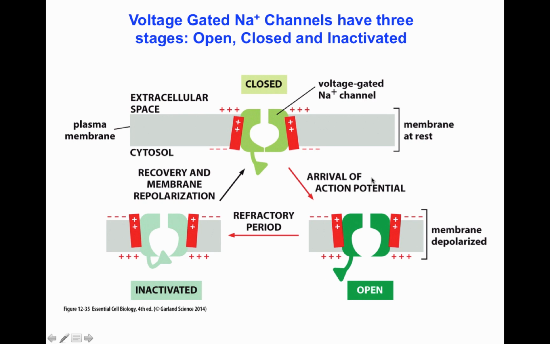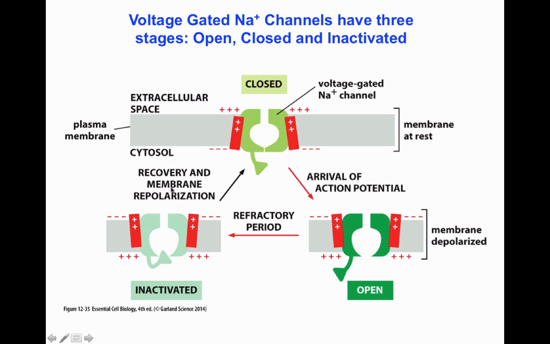But this channel has a third state, and that state is an inactivated state. Even if the membrane is depolarized and the channel has been opened because you have more negative charges outside than positive charges inside, a portion of the protein is able to block the channel and therefore prevent the movement of ions across it. So in this inactivated state, the channel is open, but because the protein component has moved to block the channel, it is inactivated.